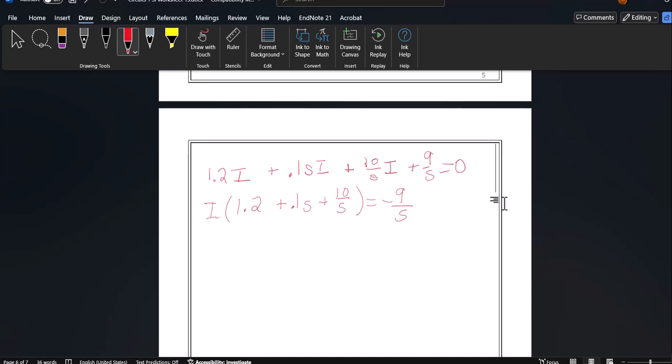And now I can divide both sides by the thing in parentheses.